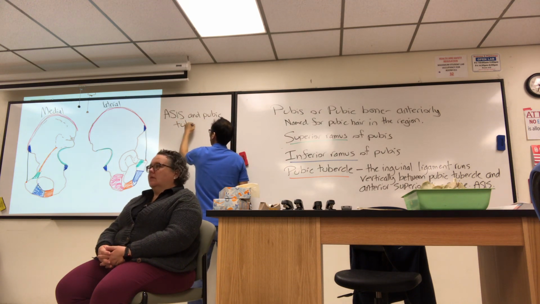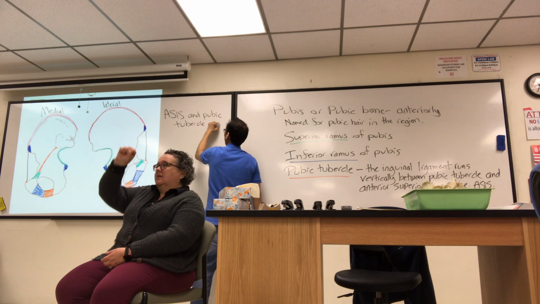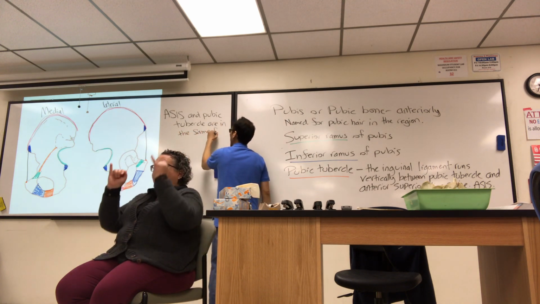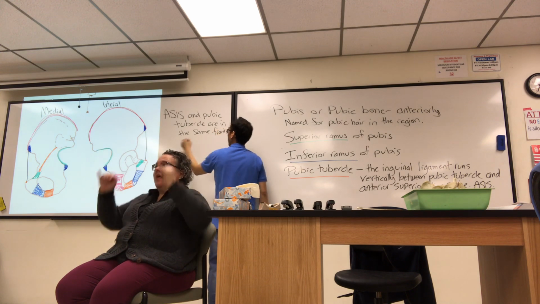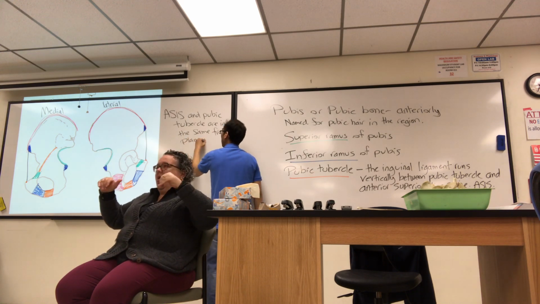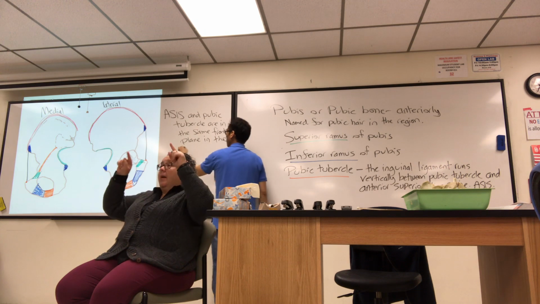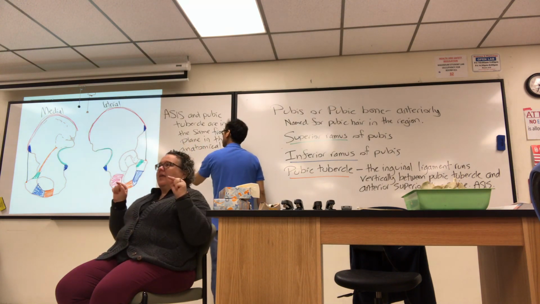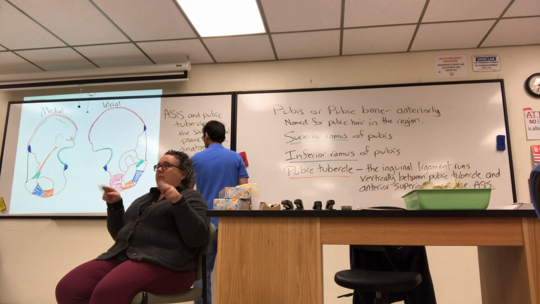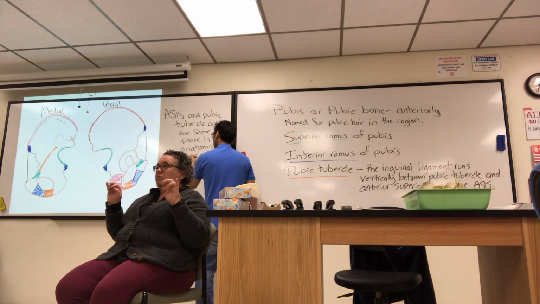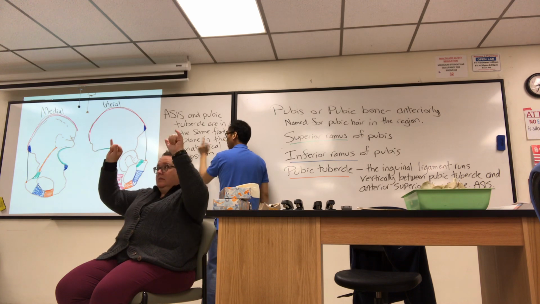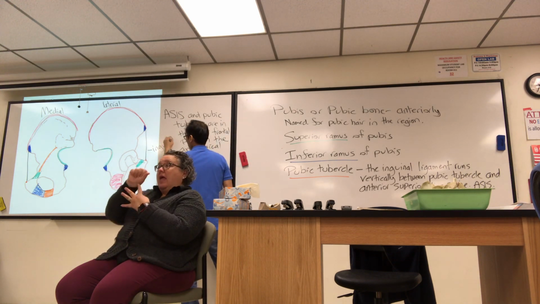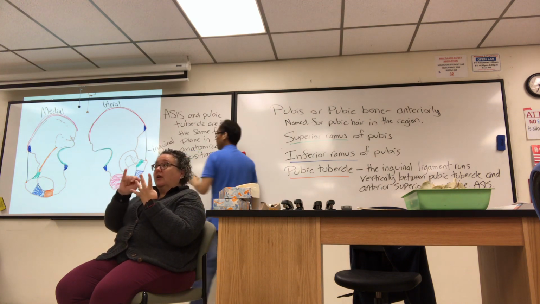ASIS and pubic tubercle are in the same frontal plane in the anatomical position. And that ligament that runs between them, inguinal ligament.